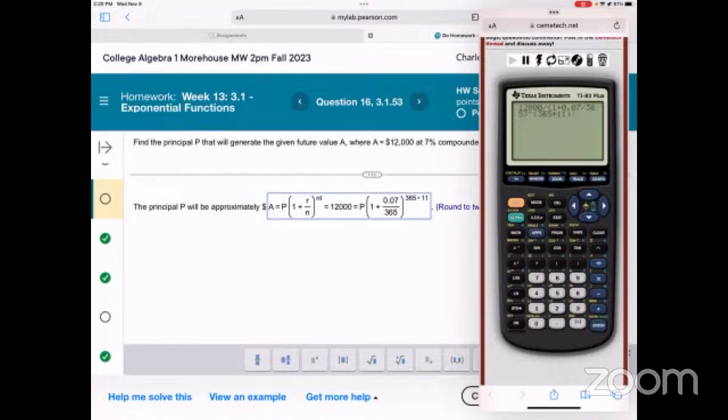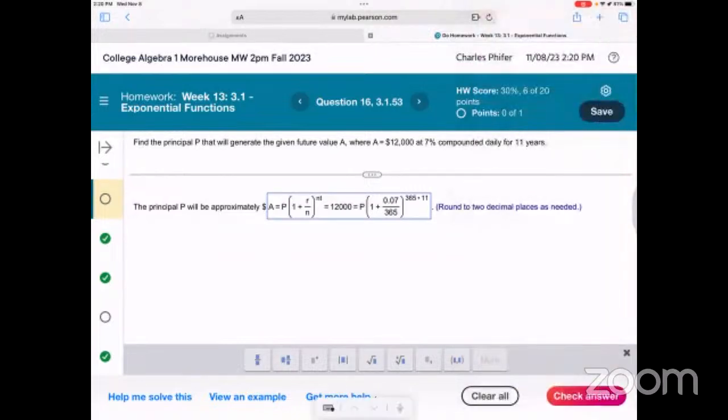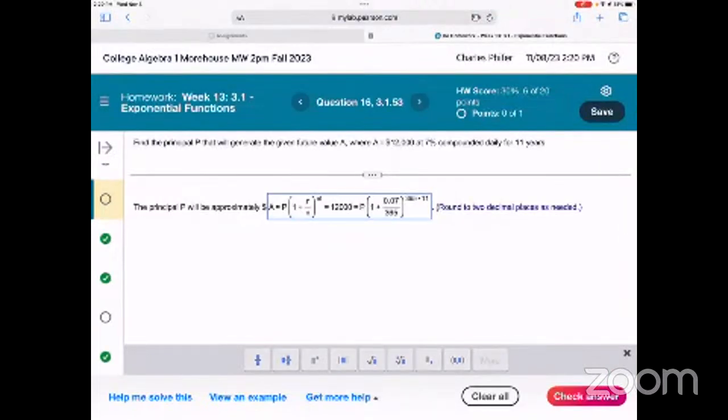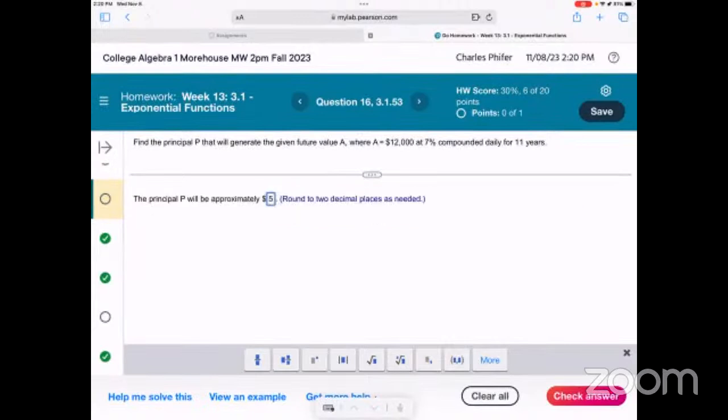I think our parentheses look good, and I think we typed it in properly. I can't see any mistakes, not to say that they aren't there. We're going to go with it. It says round to two decimal places, right? 55, 56, 57. Okay, that's really interesting.